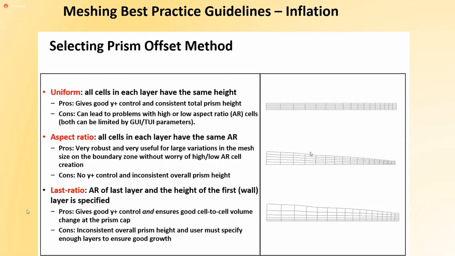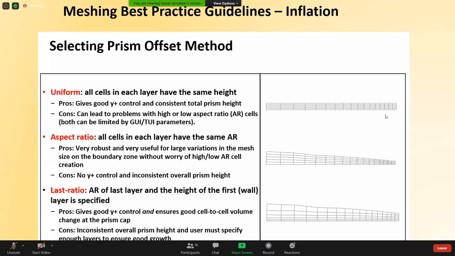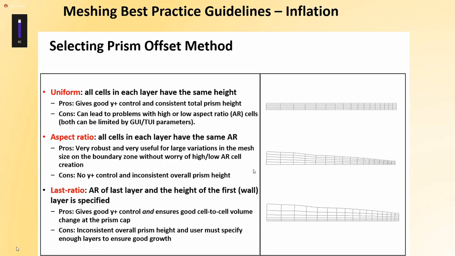There is no sense to use a uniform mesh if the boundary layer changes enormously. You should check the mesh, and we'll see how we check the mesh.